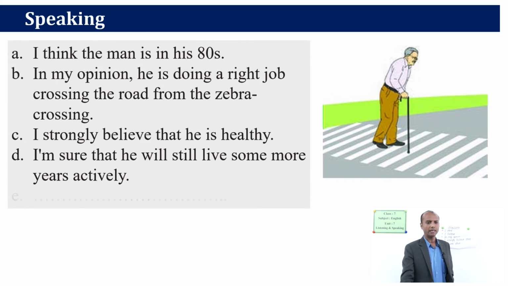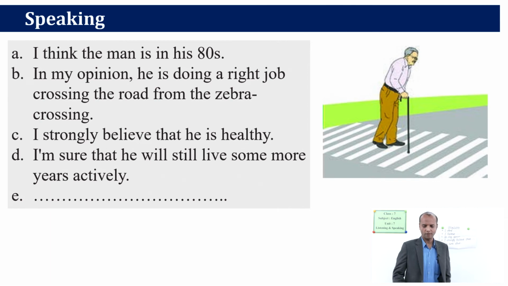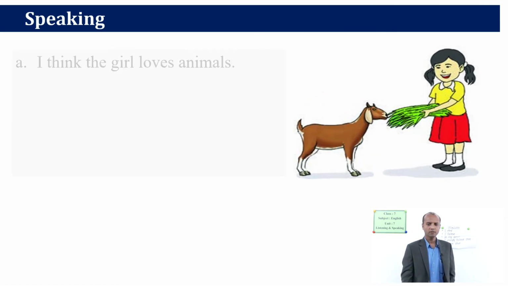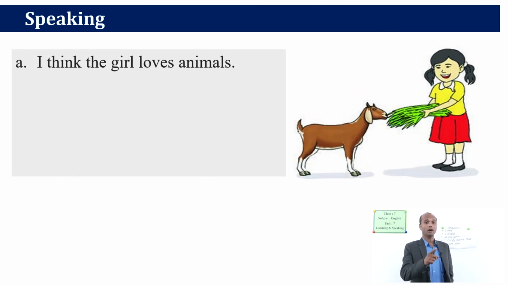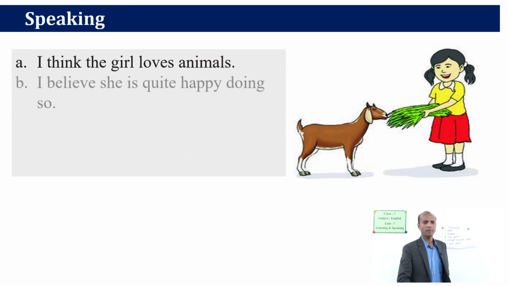You try adding such sentences about this picture. Will you do that? Next, look at the picture. Very good. This is how you have to say, I think the girl loves animals. What next? Very good. I believe she is quite happy doing so. Look, she's laughing there. Well done.